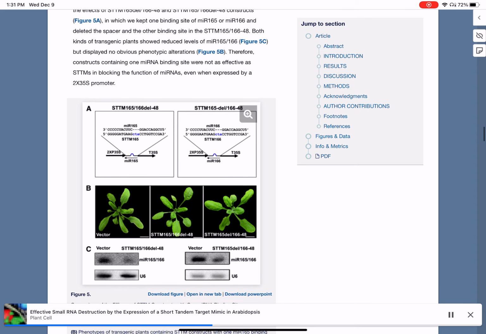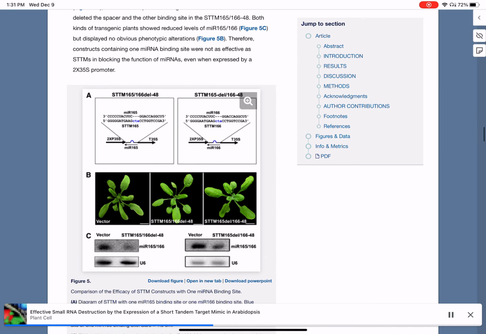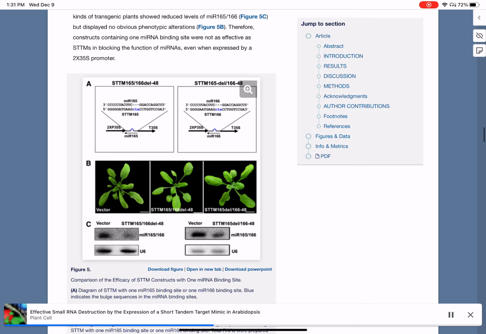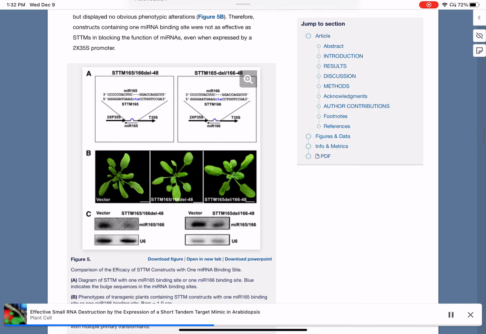Both kinds of transgenic plants showed reduced levels of Mir-165-166, Figure 5c, but displayed no obvious phenotypic alterations, Figure 5b. Therefore, constructs containing one mRNA binding site were not as effective as STTMs in blocking the function of miRNAs, even when expressed by a 2x35S promoter.